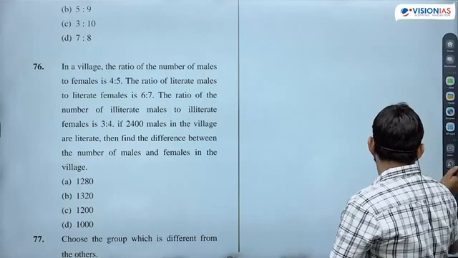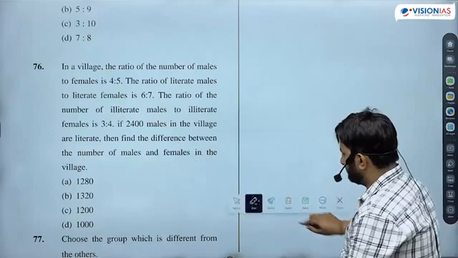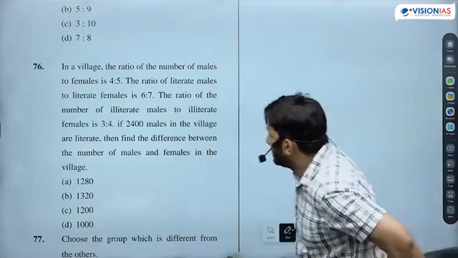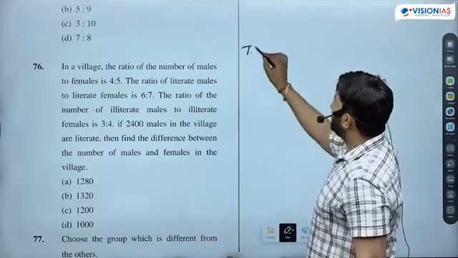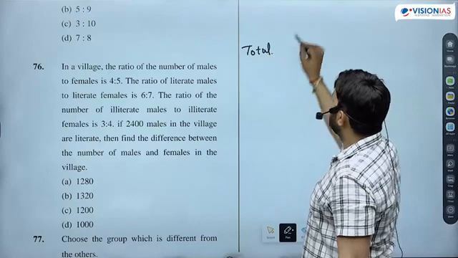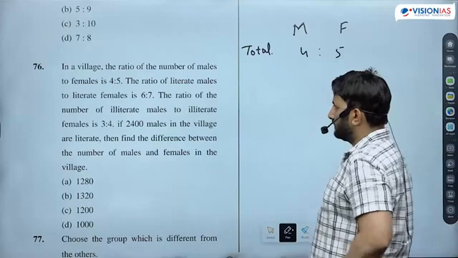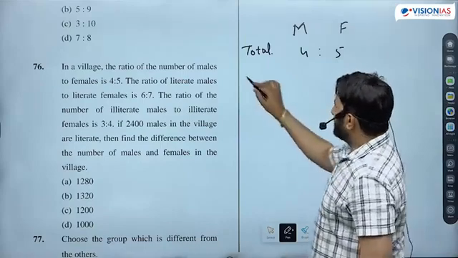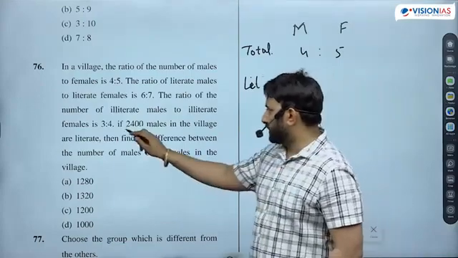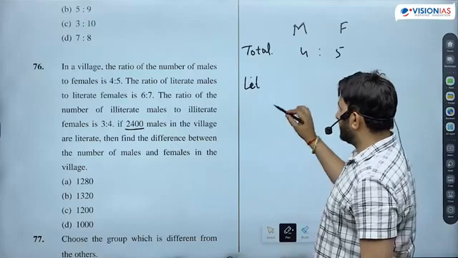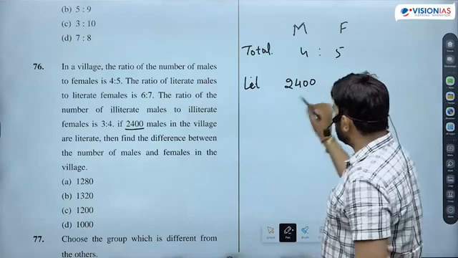'76 question. In a village, the ratio of the number of male and female is 4:5. Total ratio among the literate, and it is given that there are 2400 males in the village who are literate. 2400 are literate, and literates में ratio is 6:7 ना.